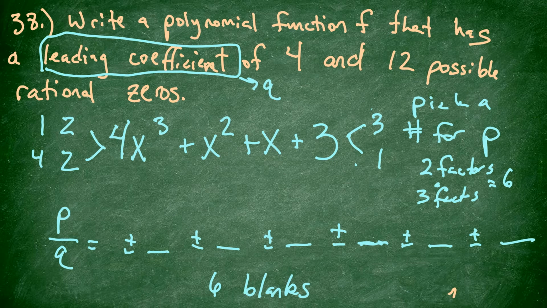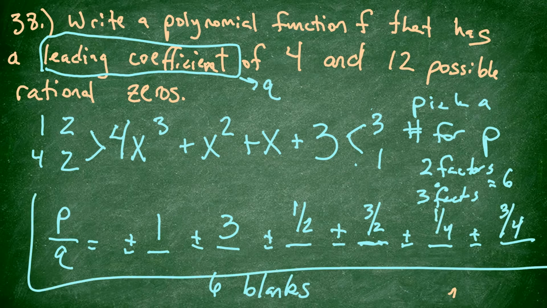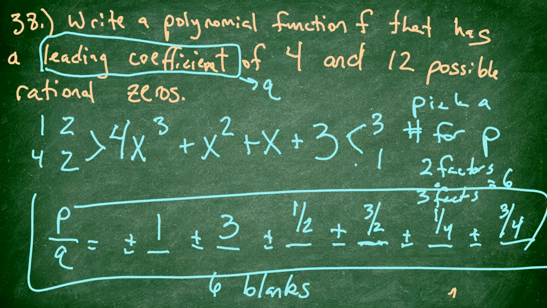So let's see. I'm going to start with 1 and 3. Those are both over 1. Then I'm going to say plus or minus 1/2, plus or minus 3/2. Then I have 1/4, plus or minus 3/4. And that works. So this is good. That's it.